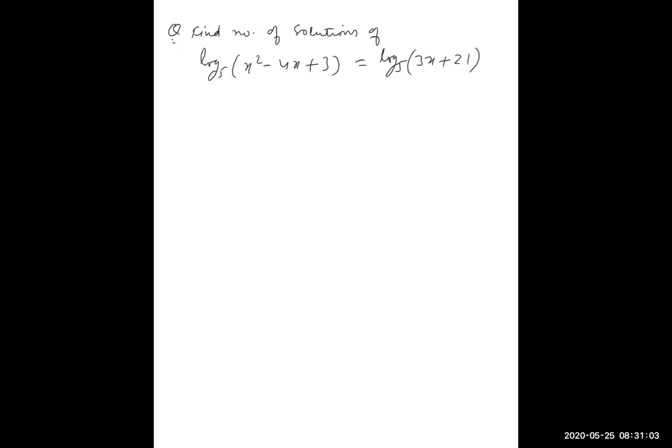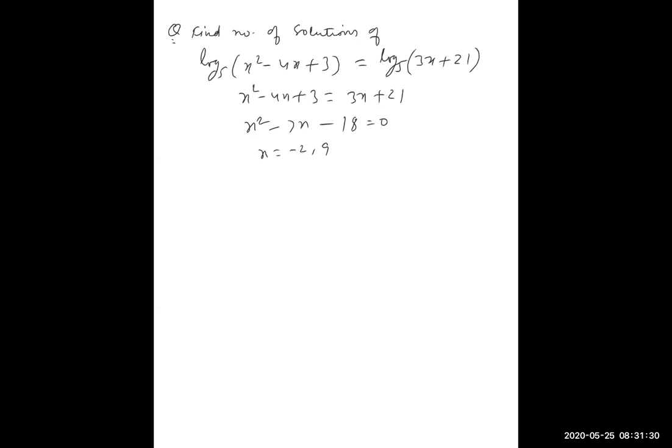So if bases are equal, I can cancel log with log. Directly you can write x square minus 4x plus 3 is equal to 3x plus 21. So x square minus 7x minus 18 is equal to 0. So from here you are getting x equal to minus 2 and 9.